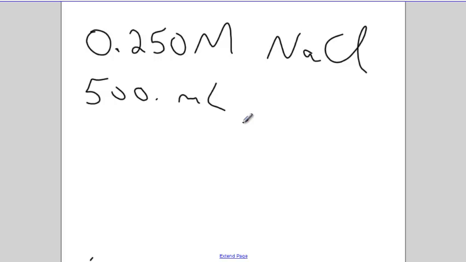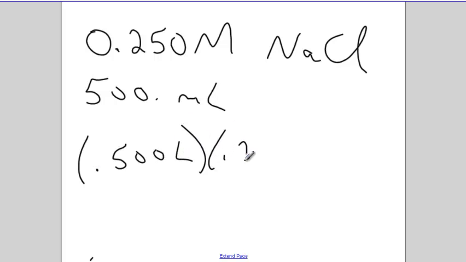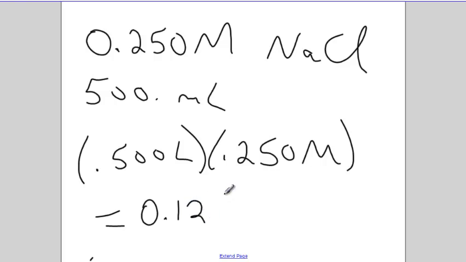So your first step, again, is to figure out moles. So 0.500 liters times 0.250 molarity equals 0.125 moles of NaCl.